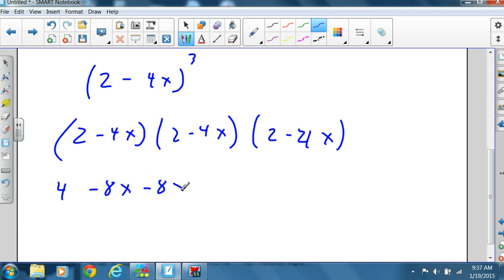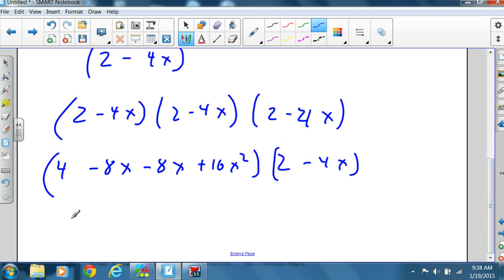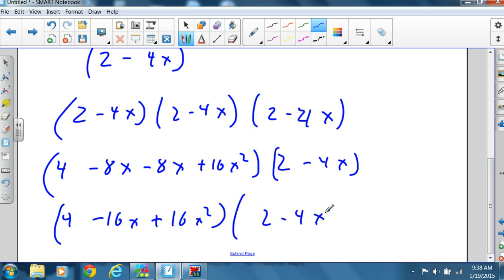Minus another 8x plus 16x squared times 2 minus 4x. All right, so I've got 4 minus 16x plus 16x squared times 2 minus 4x. It was much easier the way I did it, though. Wasn't it easier?